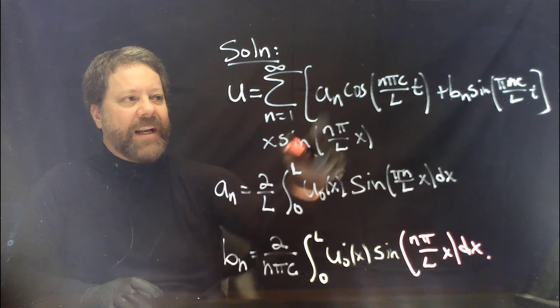We're going to have some expression times the sine of n times pi times x, these are the coefficients that we multiply times the cosine of n times pi times c times t, but we haven't defined c, so I'm going to define c to be 1.